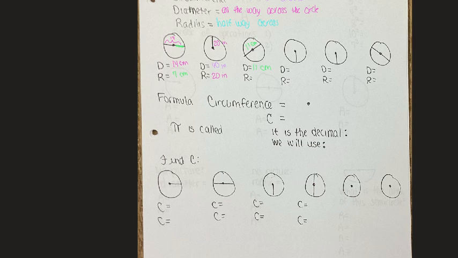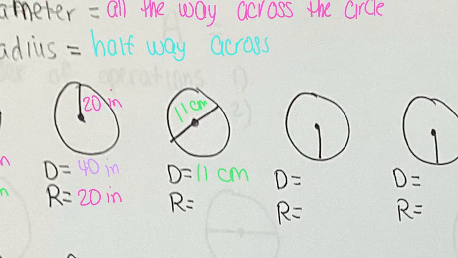Halfway across would be, well, half of 10, half of 12. Have you figured it out? Half of 10 is 5, half of 12 is 6, so this is 5 and a half. 5.5. So if it's an odd number, it's going to be something and a half.